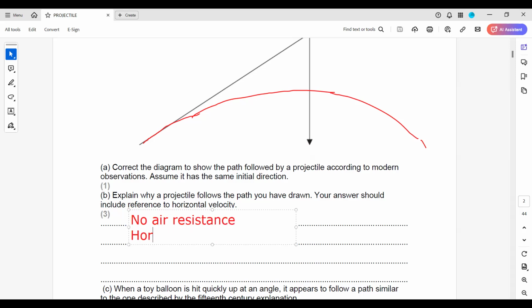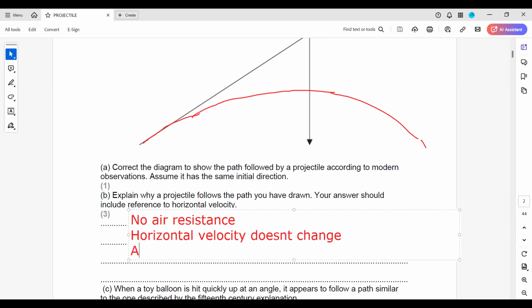So what will happen? The horizontal velocity does not change. So we ignore the air resistance, so the horizontal velocity is not changing. Then what will happen? The acceleration is constant. That is, the acceleration is equal to 9.8 meters per second square.